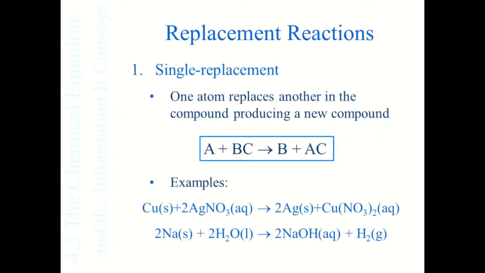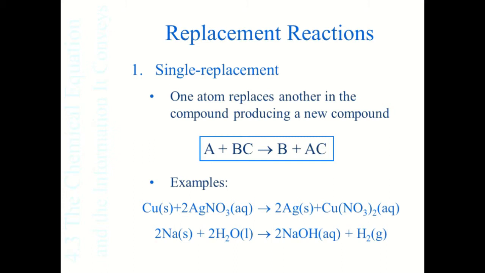Okay, now for single replacement. In a single replacement reaction, you take A and it replaces B. Okay? And that's a single replacement. B comes out all by itself, and now AC is the compound. So for example, we did this in the lab actually. You take copper, you put it in a solution of silver nitrate, and all of a sudden what's going on?